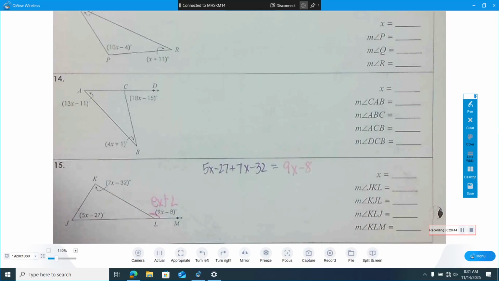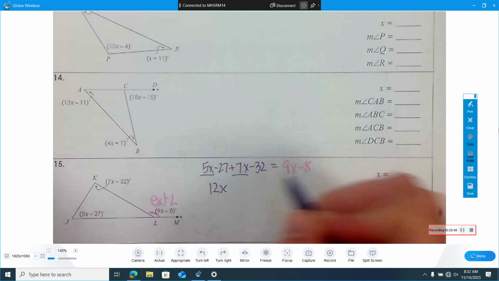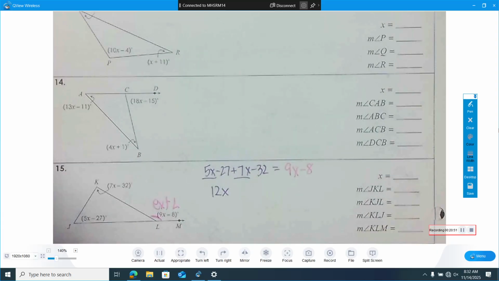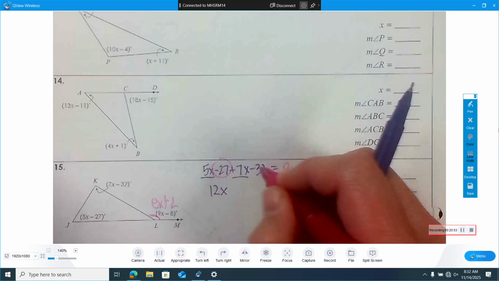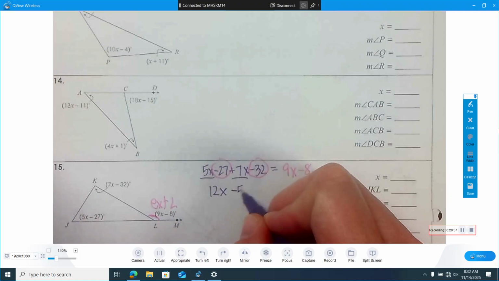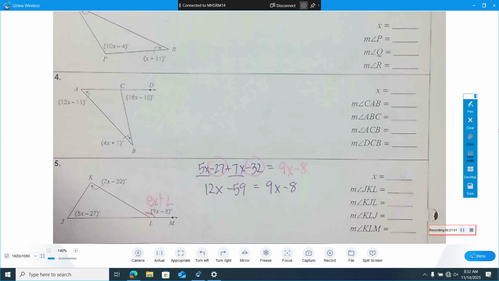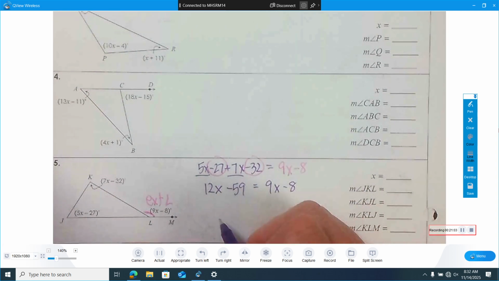And then we can go ahead and clean that up. 5x's plus 7x's is 12x's. Negative 27 and negative 32 is negative 59 equals the 9x minus 8. And then I'm going to go ahead and move the 9 over, so subtract 9.